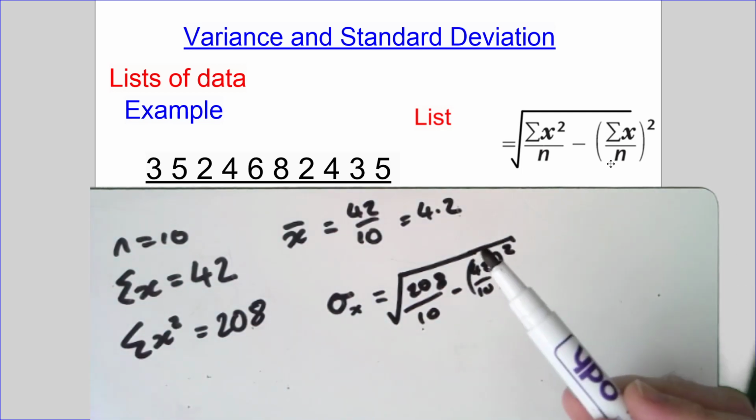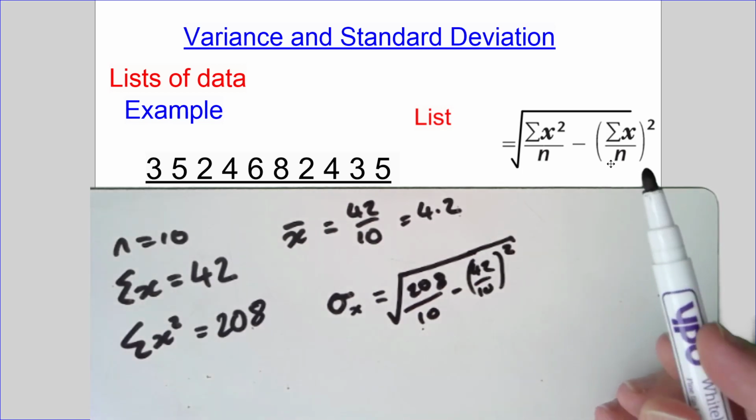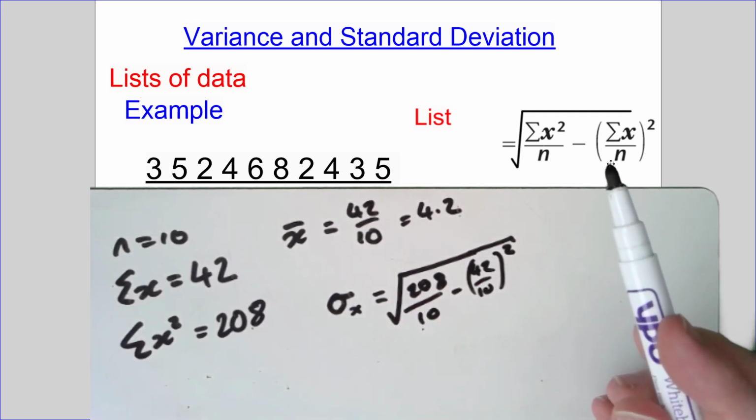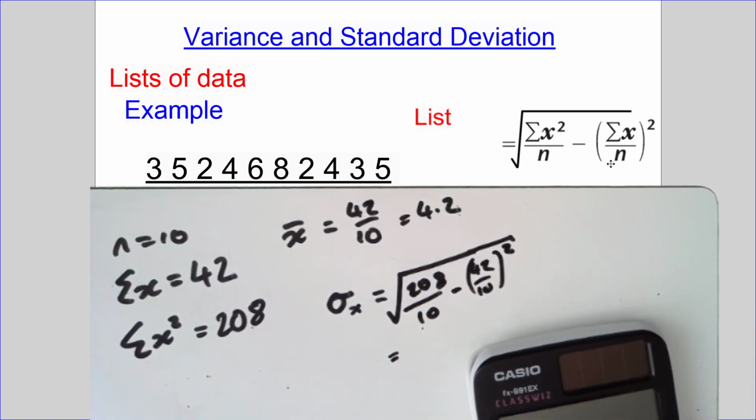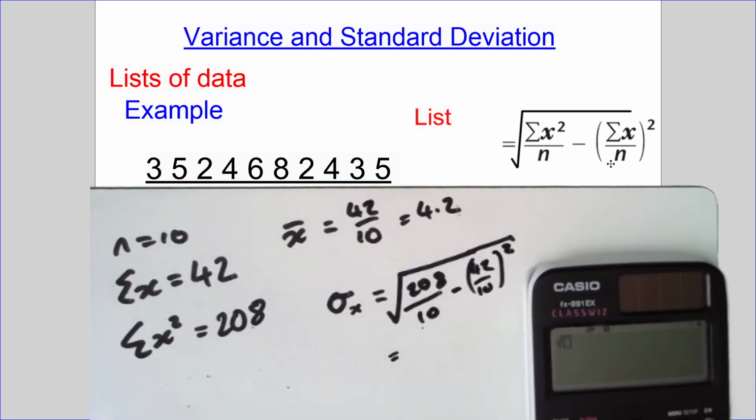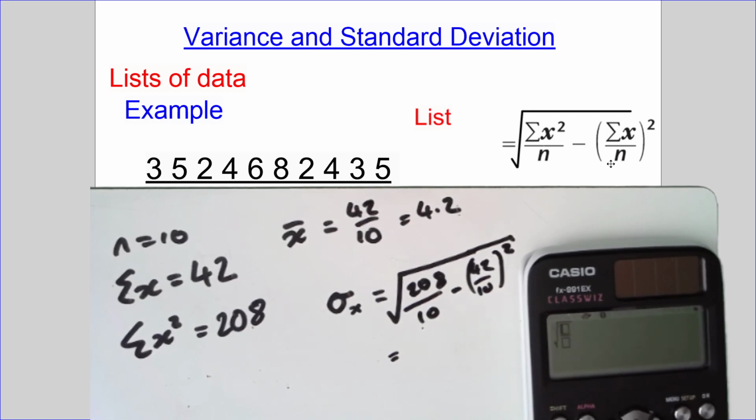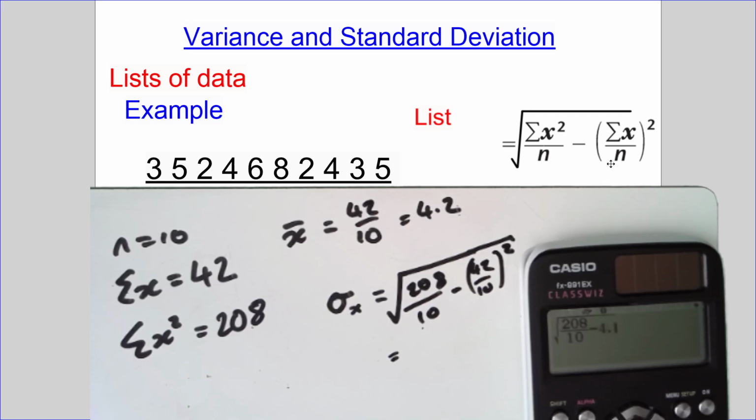Some people, in place of this 42 over 10, use x bar, because that's what 42 over 10 is. So working this out, we have the square root of 208 over 10, take away 4.2 squared, because that's our 42 over 10, press equals, turn this into a number, we get 1.78.